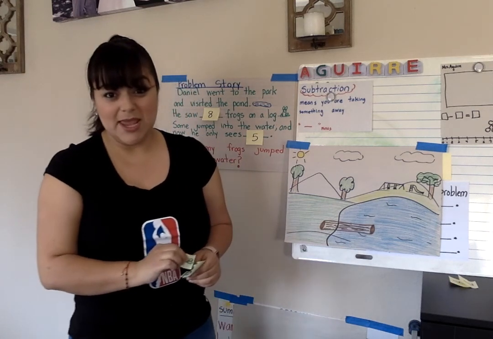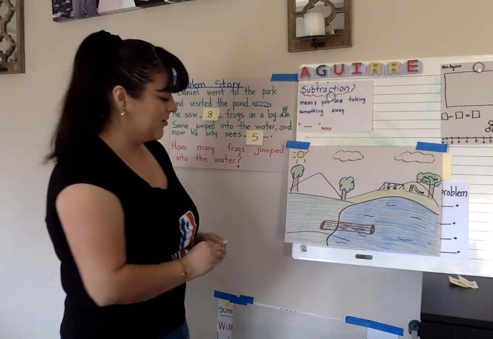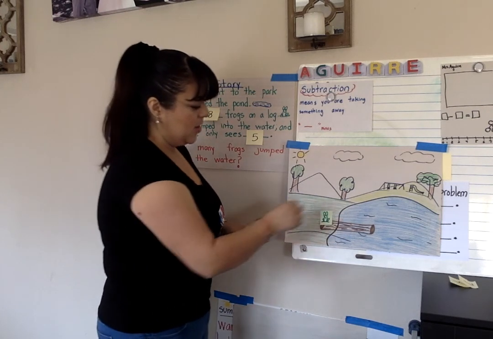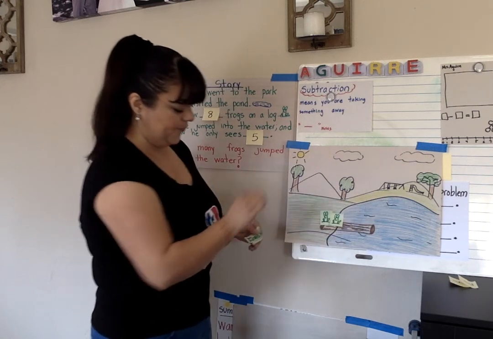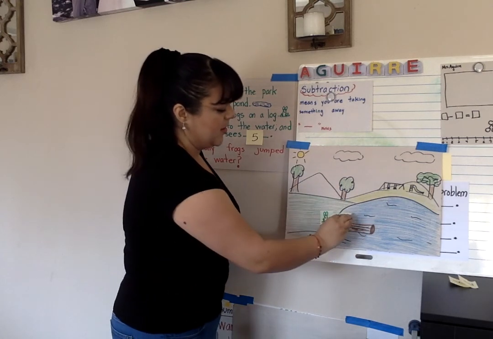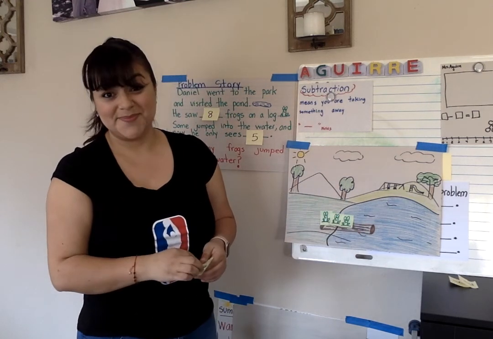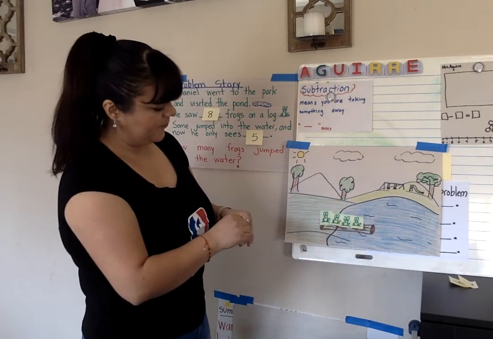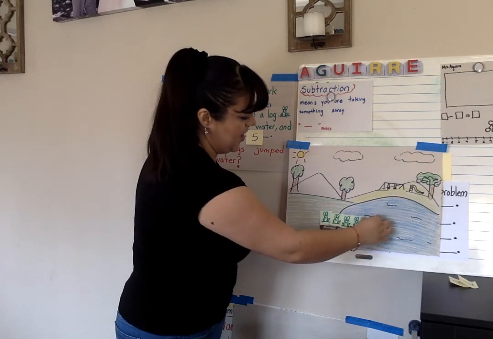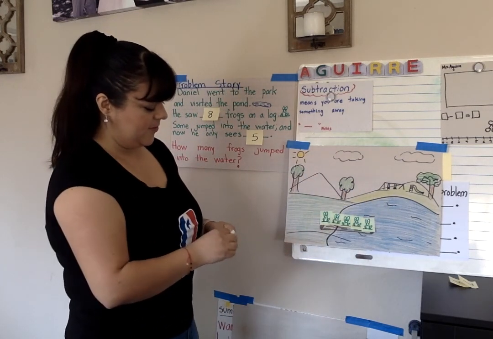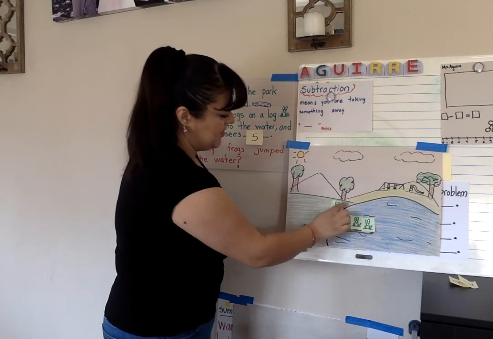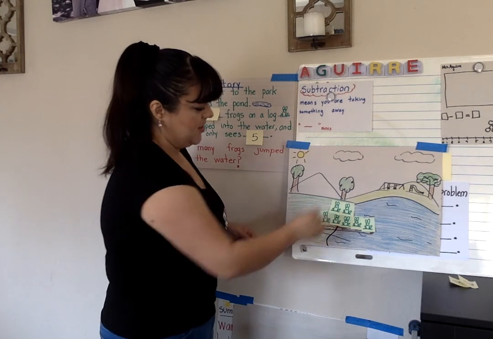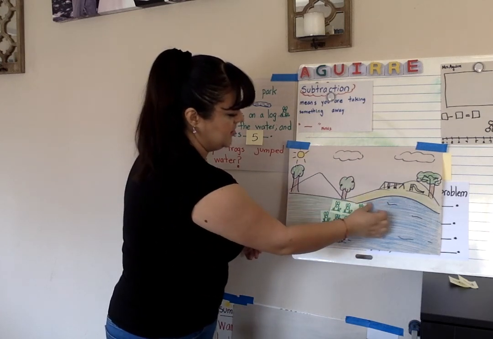Okay, help me count 8 frogs on a log. 1, 2, 3, 4, 5, 6, 7, 8.